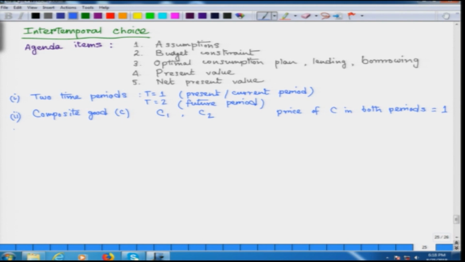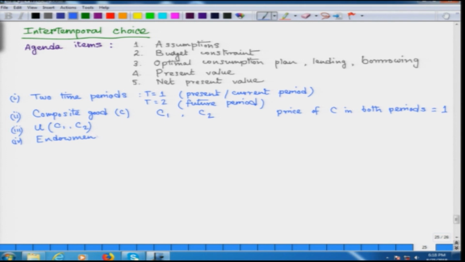Then the third assumption is on the utility function. The consumer has an utility function defined over the current consumption and the future consumption levels. The fourth assumption is this: the consumer has endowments.